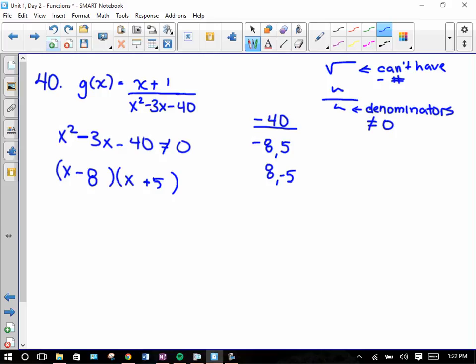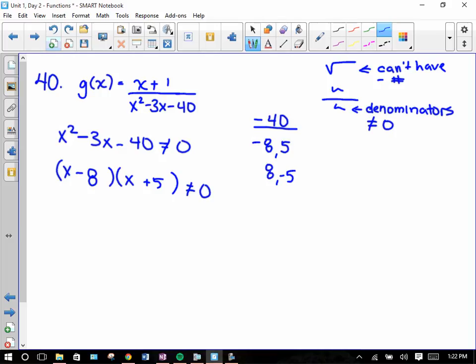And I know that this cannot equal 0 still, because this is just another way to write that denominator. Okay? Now, if I plug in a number, if I plug in 2, this is going to end up giving me a number times some number. What must be true about one of these numbers in order for it to be 0? One of these factors, when I plug in a number, has to be 0.